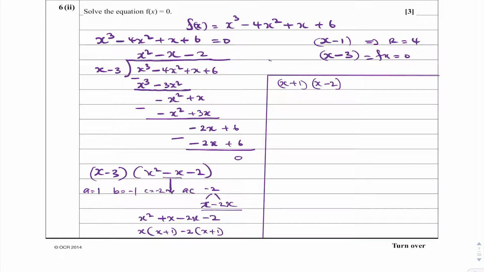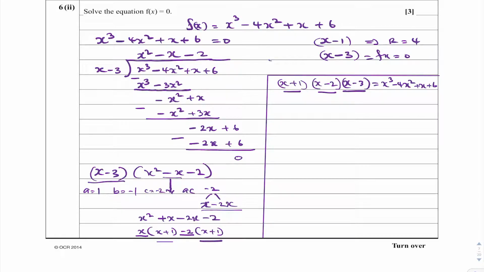And then the total factors for this function will become x minus 3 times x plus 1 times x minus 2, which equals x cubed minus 4x squared plus x plus 6. So x is a common factor with x plus 1, and then you're left with x minus 2. And then I added the final factor, which is that one here.